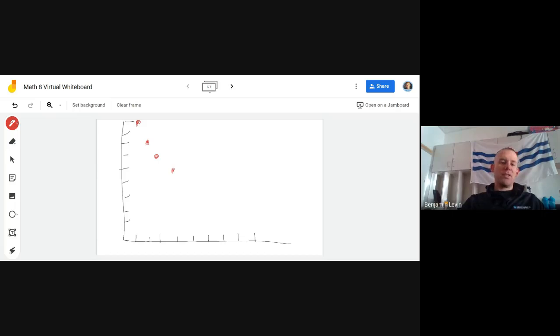What do you notice about this graph? Is there a correlation? And if so, what is it? Is there an association there? Let's answer that first. Is there an association here? That one's obvious. So somebody just come off mute and say it.